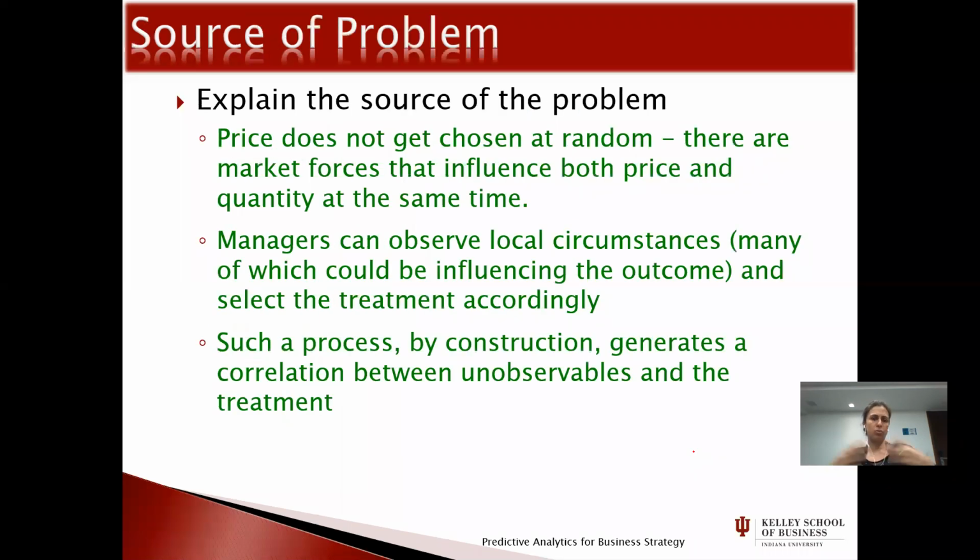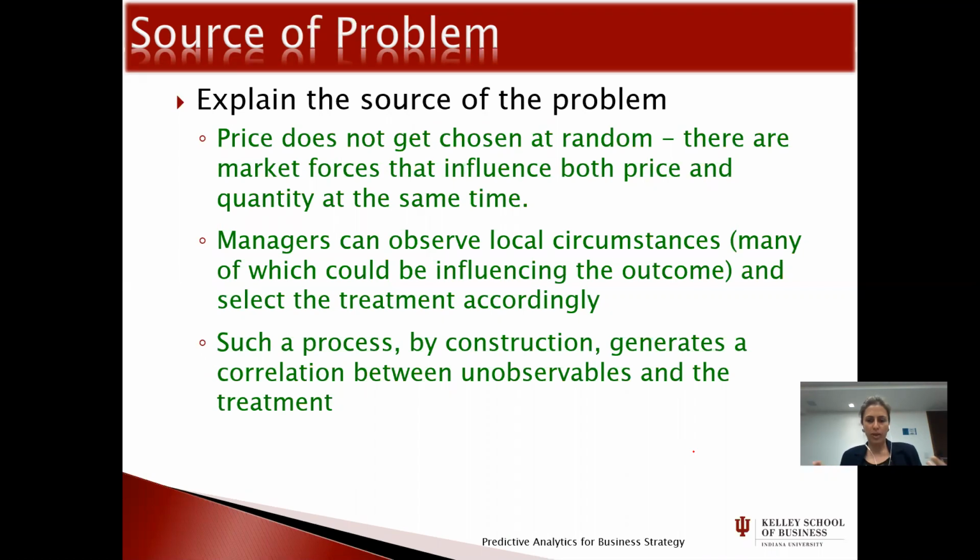What is the nature of that endogeneity? Why do we have endogeneity? You want to go back to the average treatment effect, where ideally the holy grail is that we would have random assignment and random participation. The problem that we have now is that, of course, prices do not get chosen randomly.